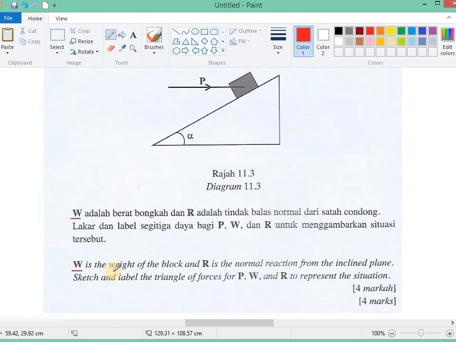W is the weight of the block. R is the normal reaction from the inclined plane. Sketch and label the triangle of forces for P, W, and R to represent the situation.